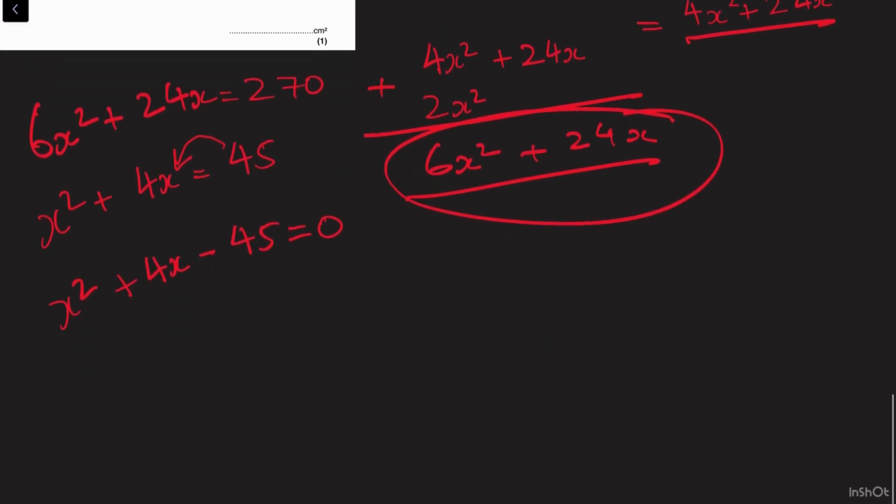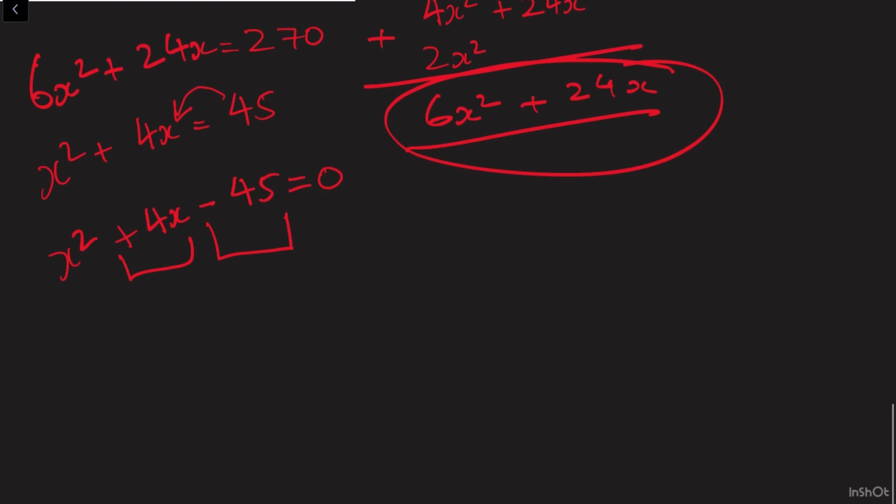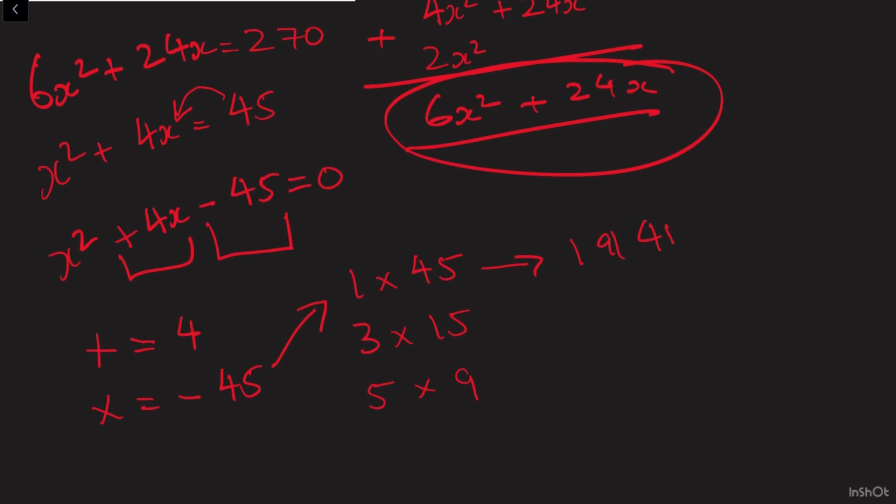So once again, we have to look at this number here and this number here. Two numbers have to add together to equal 4, and two numbers have to times together to equal minus 45. The pairs of numbers that can make 45 are 1 times 45, 3 times 15, and 5 times 9.